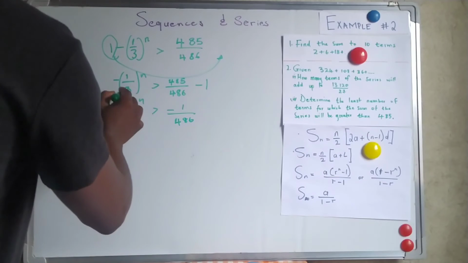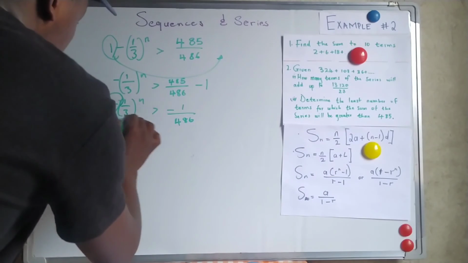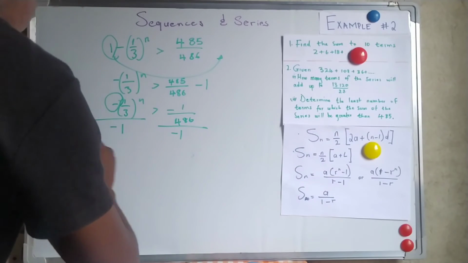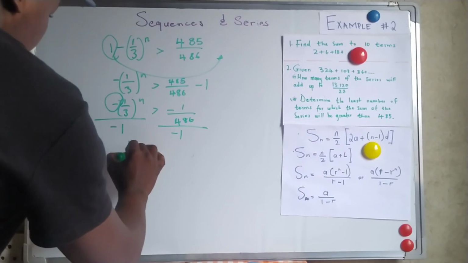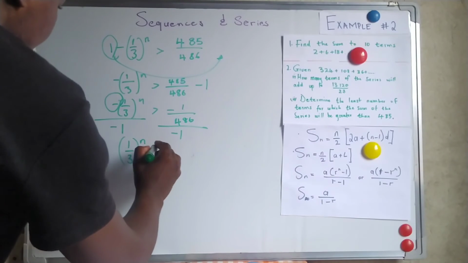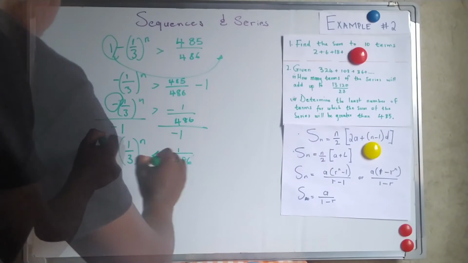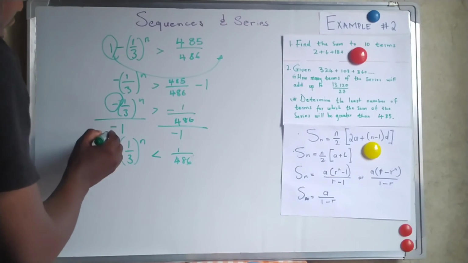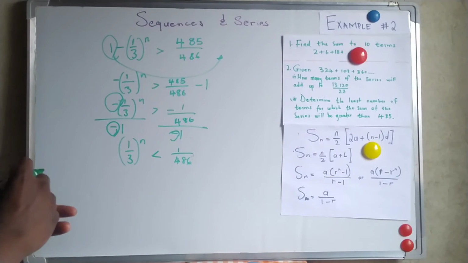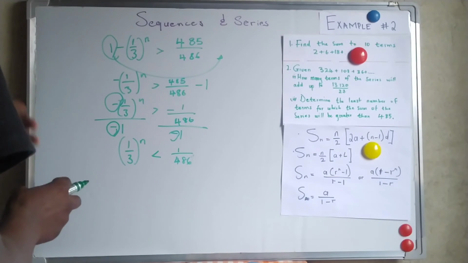Because we have a negative here, I want to get rid of it. I'm going to divide by negative 1. So we'll be left with 1 over 3 to the exponent n is less than 1 over 486. The reason why the sign changes is because you are dividing by a negative. If you were multiplying by a negative, it would also change.